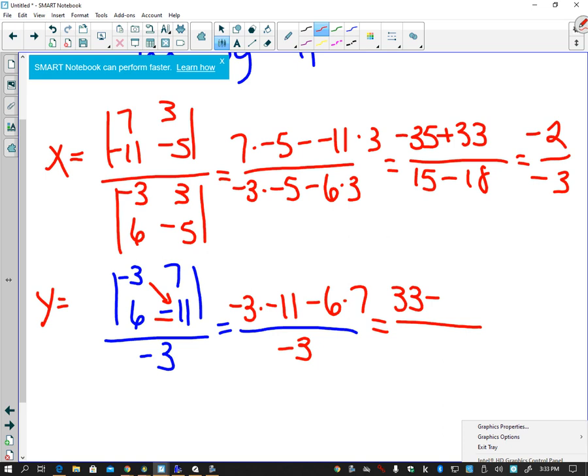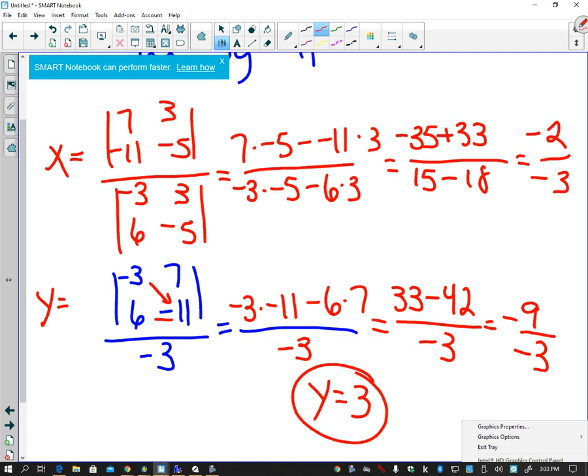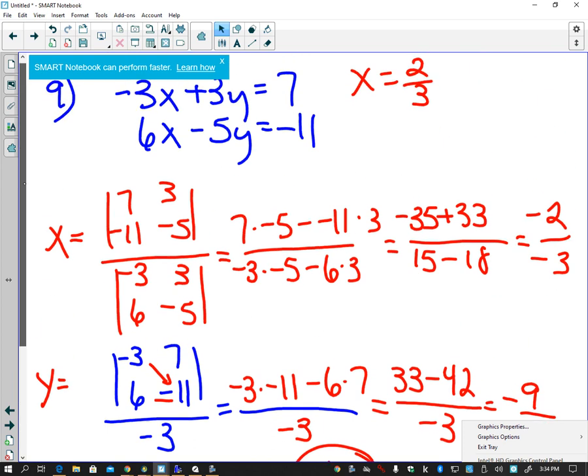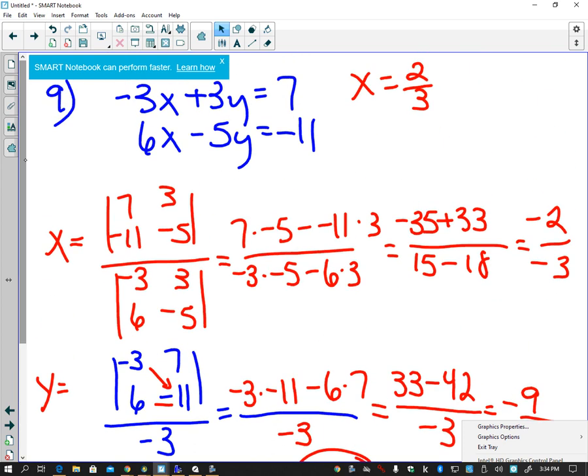So we have 33 minus 42, which is negative 9, divided by negative 3. So y equals positive 3. So if we scroll back up here, we see that x equaled 2/3, y equaled 3. And that's our process for that.